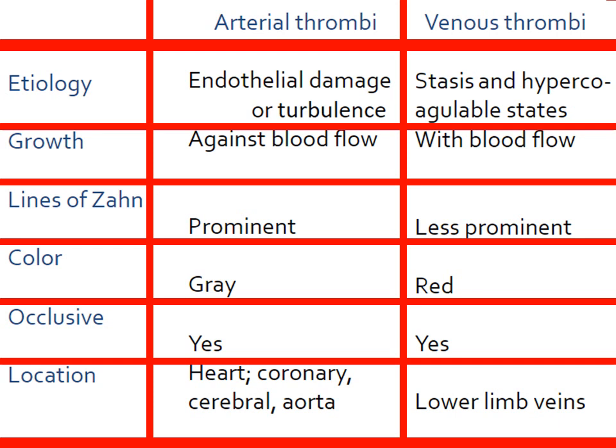If we talk about the location, in arterial thrombi the most common are the coronary artery, cerebral artery, and femoral artery. It is also seen in the heart chambers, and in the aorta where atherosclerosis has occurred. While venous thrombi usually present in the lower limbs as deep venous thrombosis, and can also be seen in the upper limbs. It can be seen in the periuterine veins or the ovarian veins.